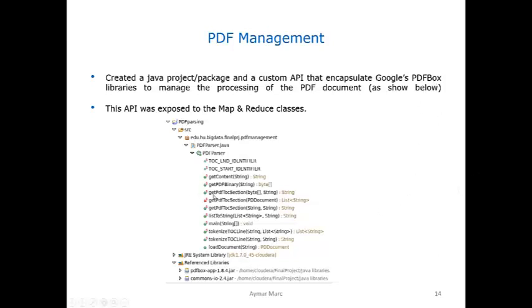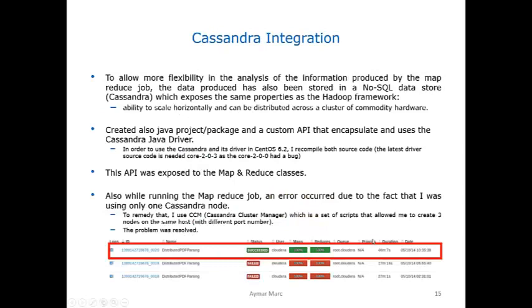For example, I created an API that allowed extracting the table of content section and exposed this API to the MapReduce classes. Then I integrated Cassandra in the same fashion. I created a set of APIs, a Java package, that I exposed to the reduce task.